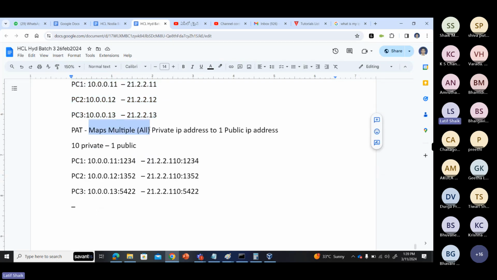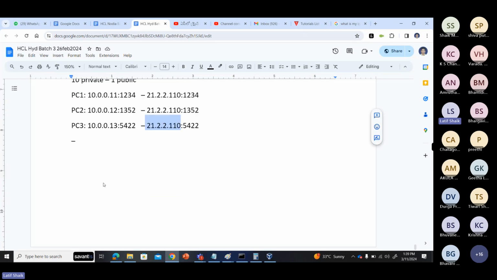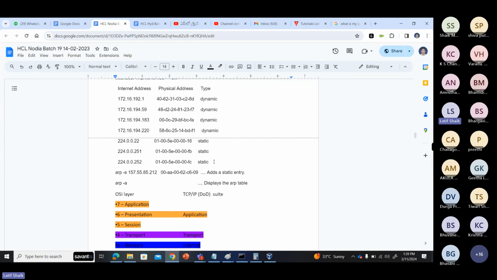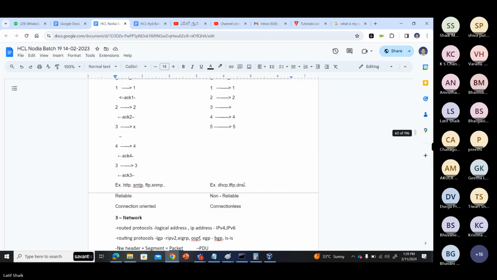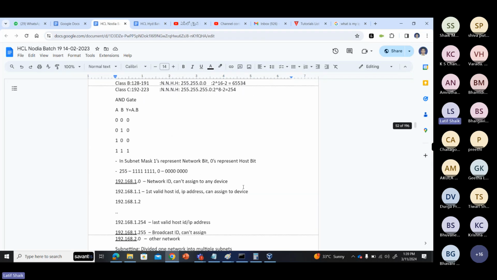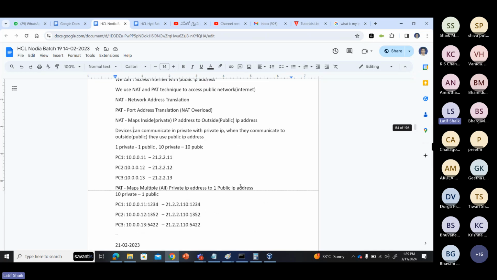PAT maps multiple or all private IP addresses into one public address, or one, two, three, four public IP addresses. Some people use two or three public IP addresses also. So you have a private IP and it is mapped to a single public IP address, but it uses a port technique to map it. So this is network address translation.